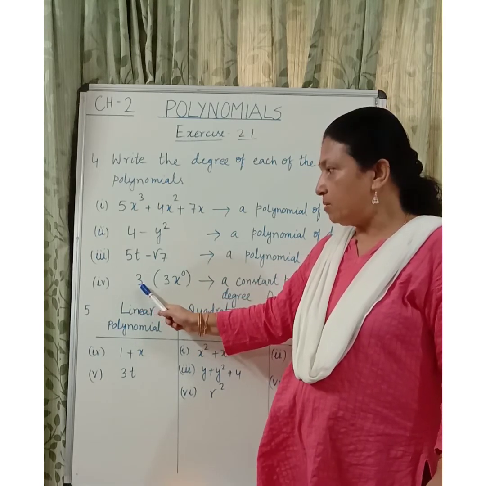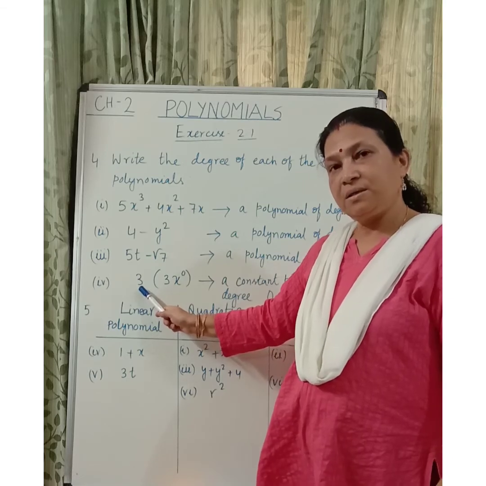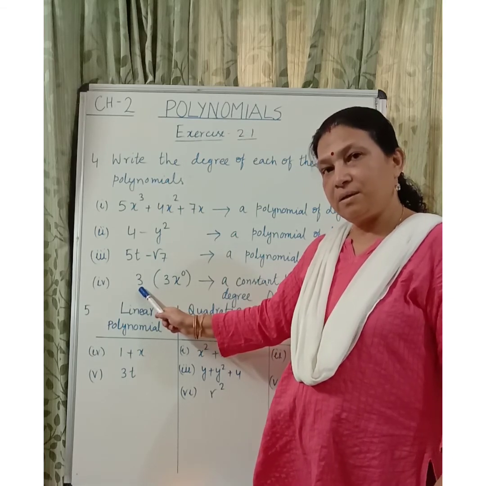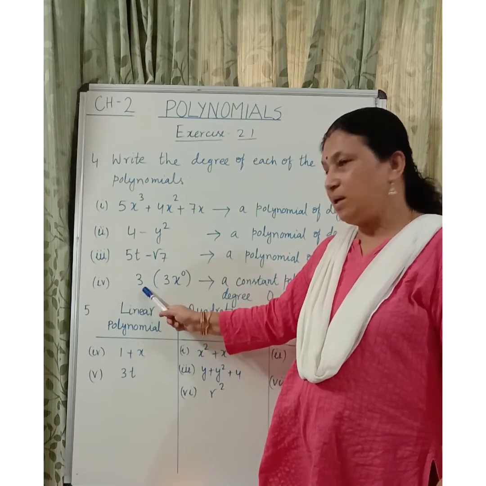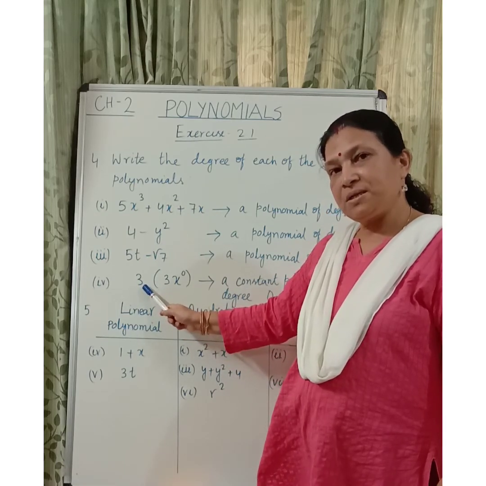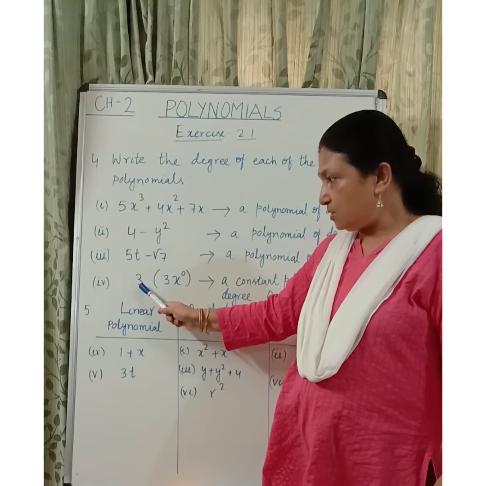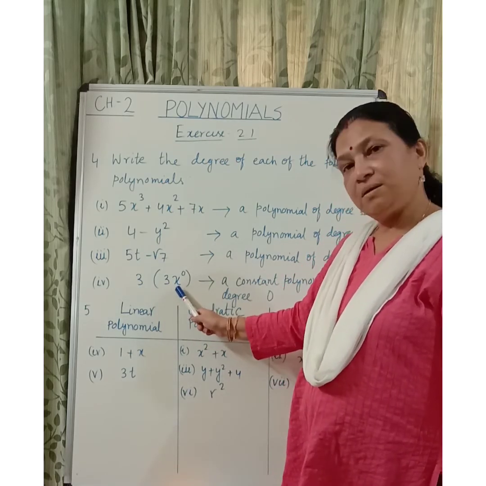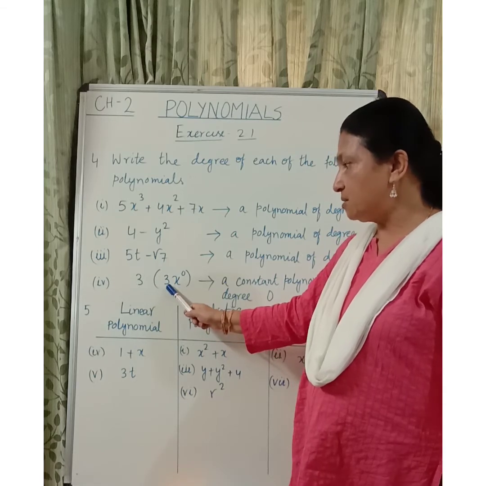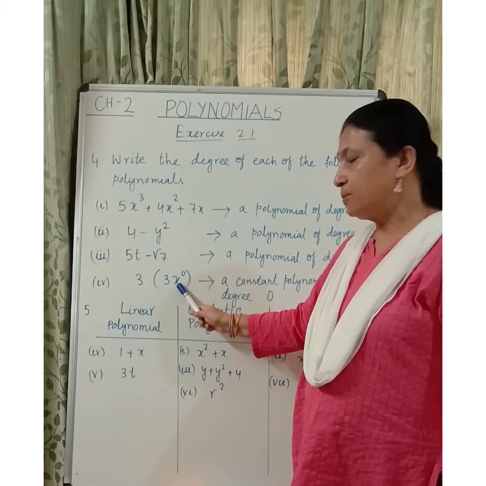Then the last question, 3. Do you remember 3 is a constant? It is a constant. We cannot see the variable here, but same constant, it is known as the constant polynomial, and the same constant polynomial can be written as 3 into x to the power 0.